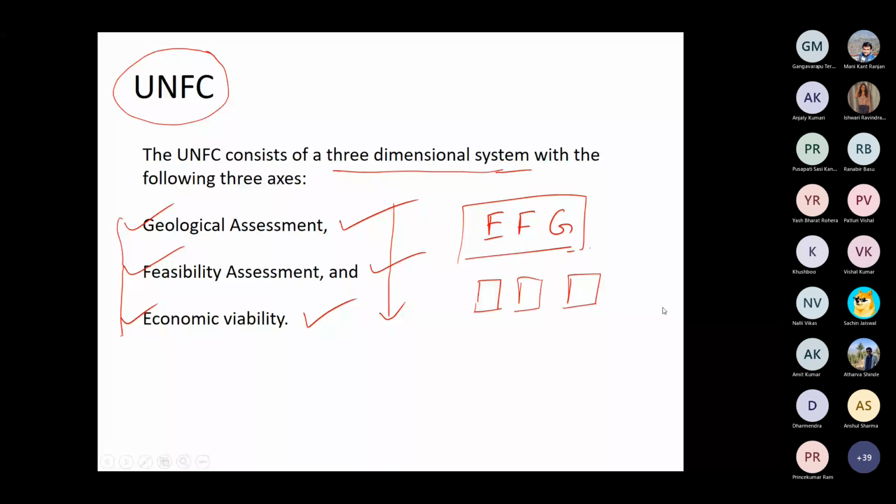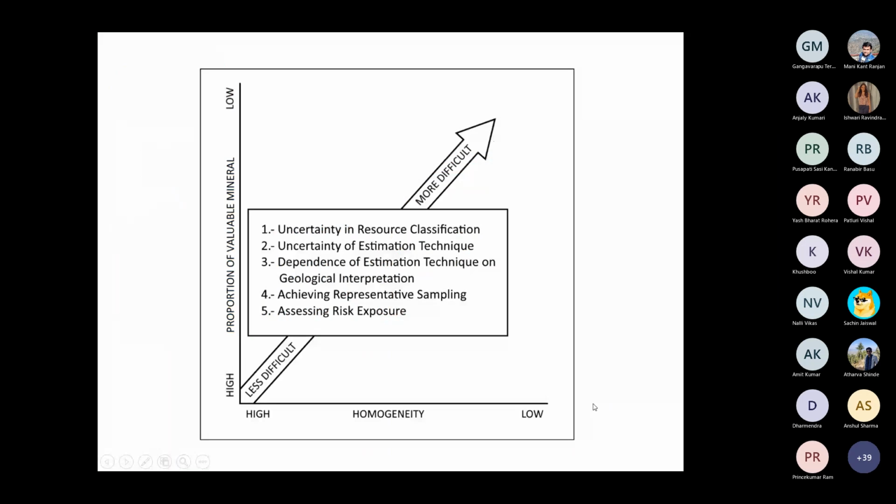So if you look at this graph, it's a general idea. If you look at the resources, here it is high in both. The proportion of the valuable mineral is high, and the technical difficulties are low. So when we have the high value and high homogeneity, and this is towards the low.